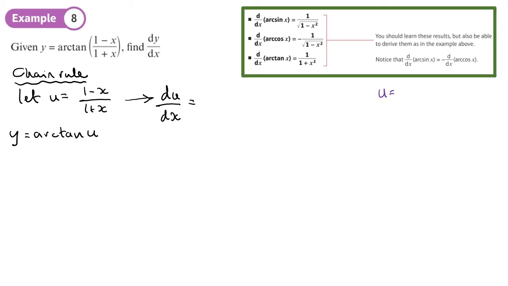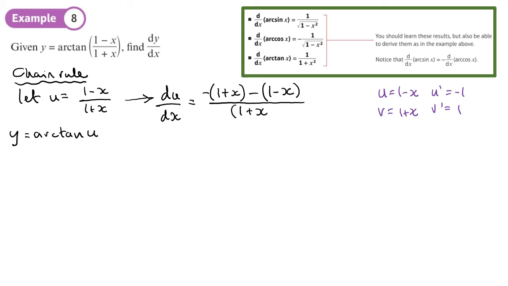So just a reminder, we said that u was 1 minus x, so u dash is going to be negative 1, v is going to be 1 plus x, so v dash is going to be 1. So du/dx will be negative 1 plus x, so that's our vu dash, minus our uv dash, so that's 1 times 1 minus x, all over v squared, which is 1 plus x all squared.